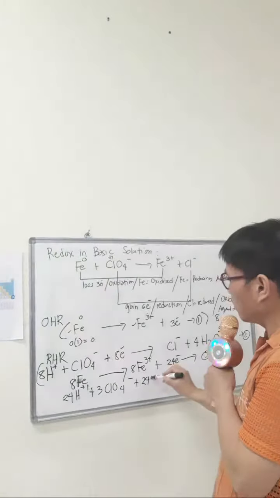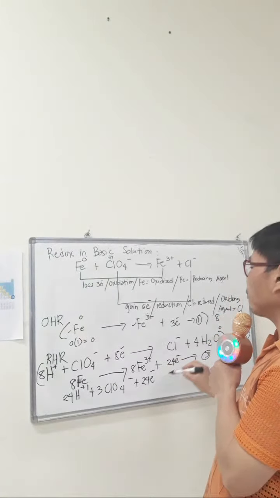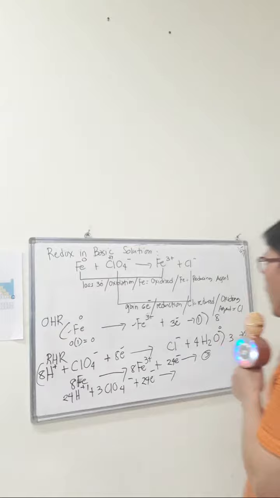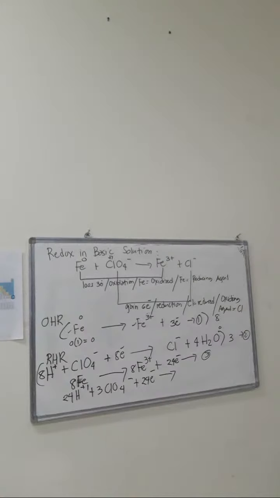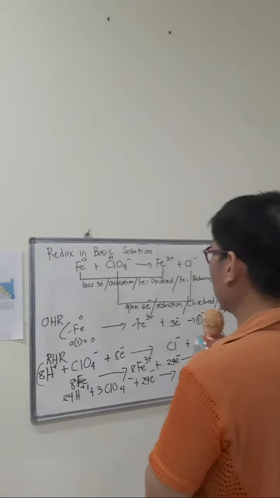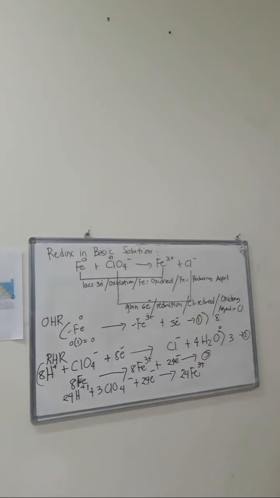And then equal to 8 moles of ferric, times 3 is 24 moles of ferric. And then we have ferrous, it is ferrous already.